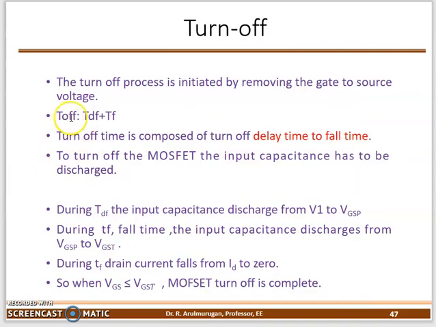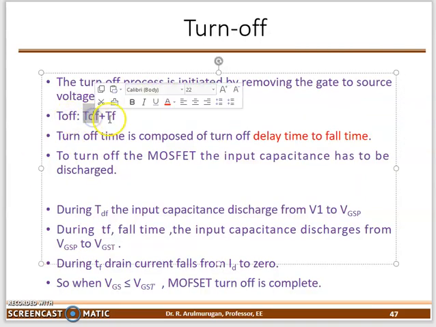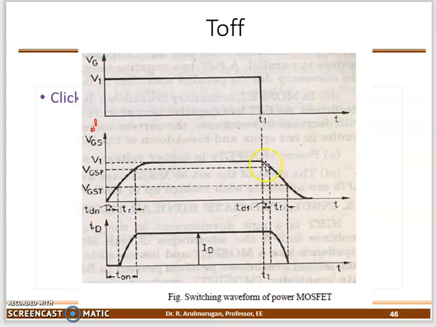TOFF is equal to TDF plus TF. What is TDF? It is the highest value V1 of the input voltage going to the peak value. It starts to decrease, and during this time the output current is maintained the same.